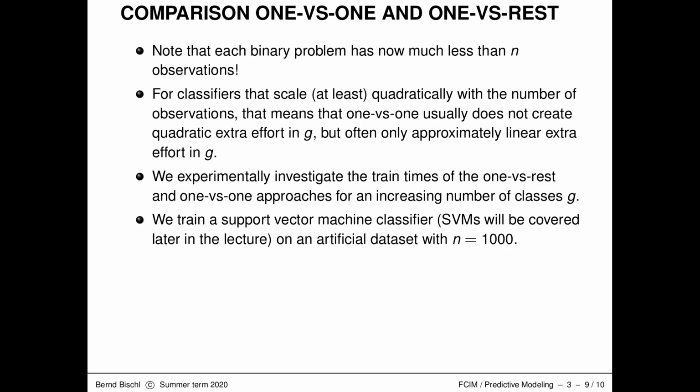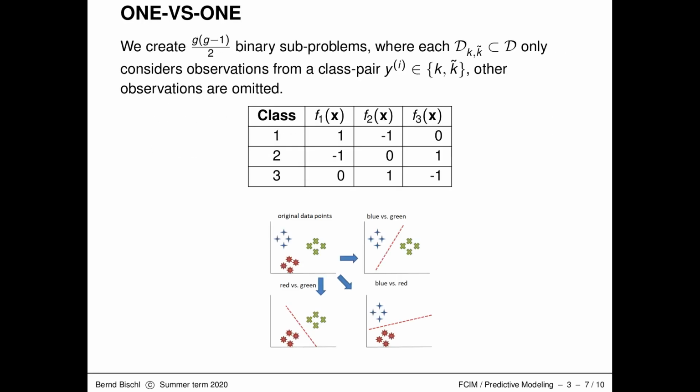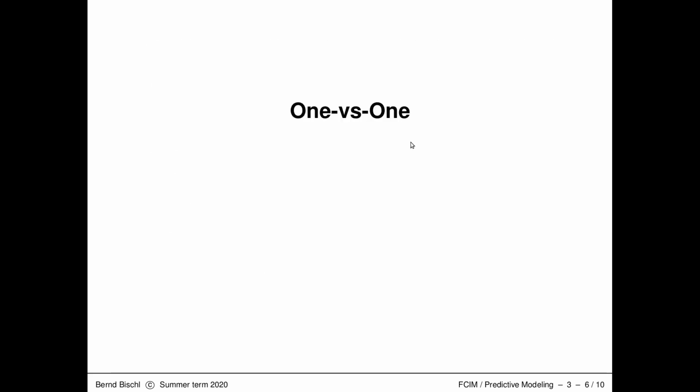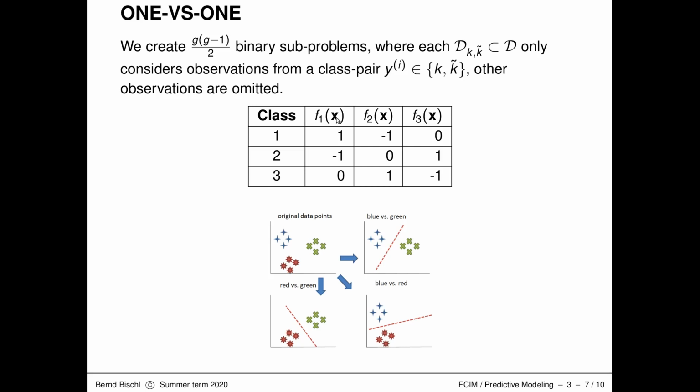The reason for that is in this coding scheme here for 1 versus rest, for each binary subproblem you are using all of the observations. So you just recode their class labels, using n observations here and here. For 1 versus 1, you're actually using much less. You're only considering the observations from 2 classes.